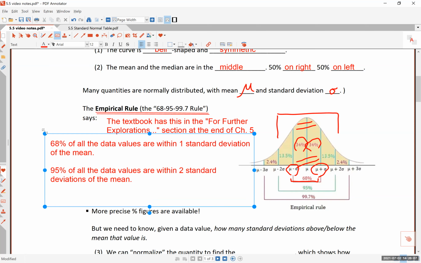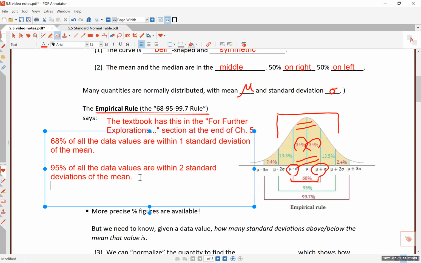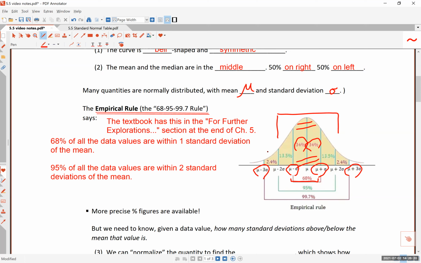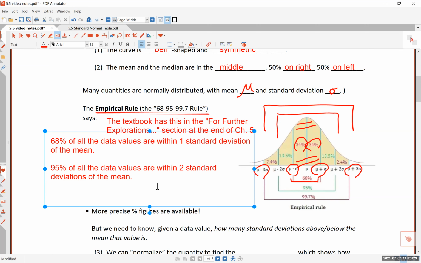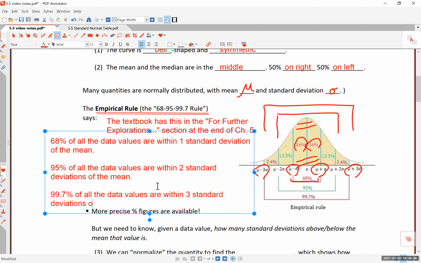Similarly, if you go one more standard deviation, from this point, 3 standard deviations below the mean, to 3 standard deviations above the mean, that's virtually all of them. You can add up the percentages shown in this graph, but this is the conclusion: 99.7% of all the data values are within 3 standard deviations of the mean.